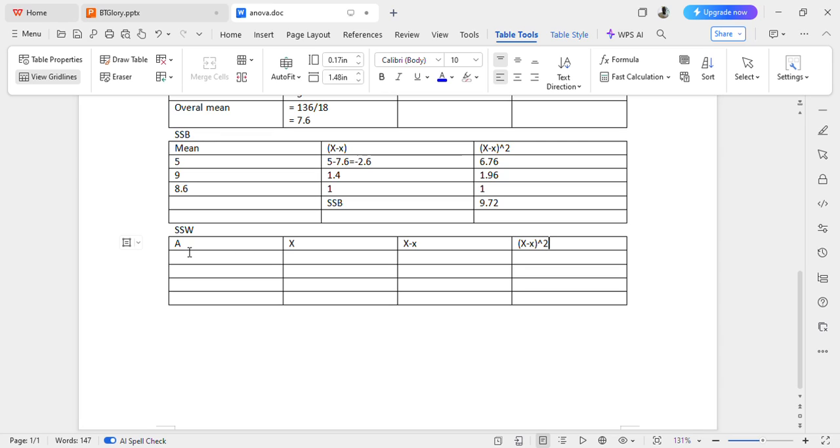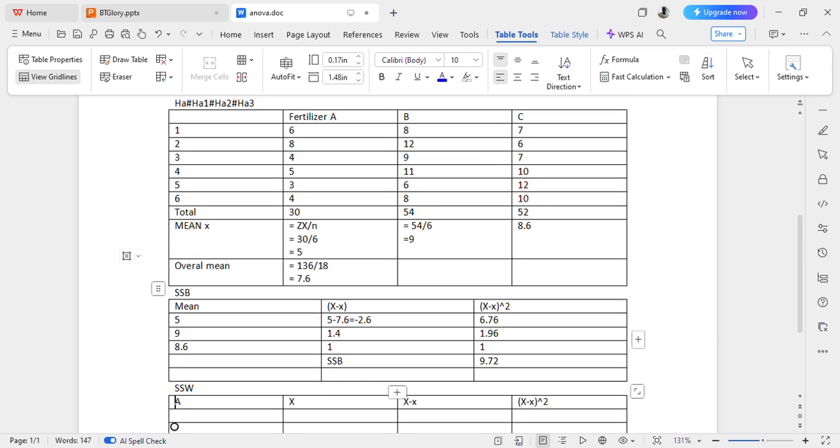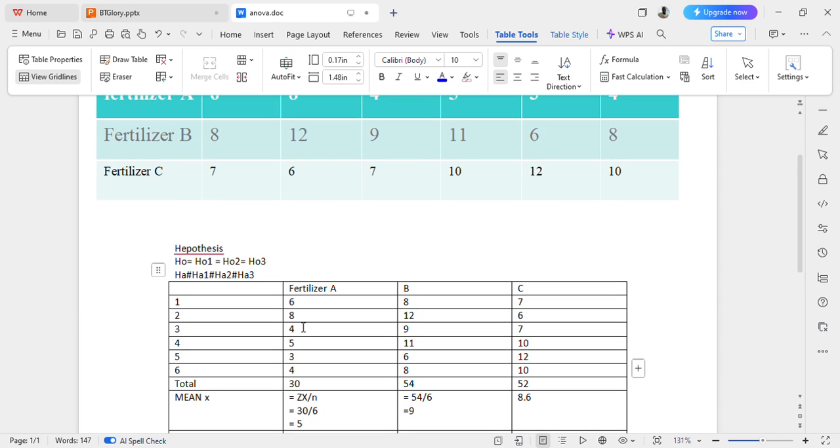So this is how you incorporate this. So we are getting the sum square within. So what are the values for the first one? Just copy this.